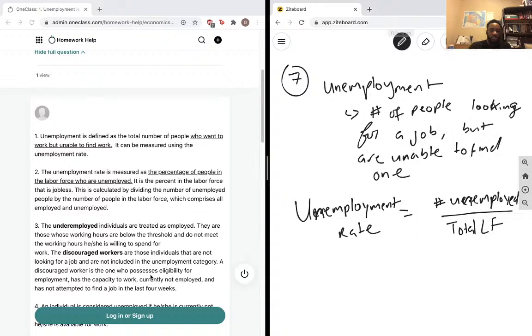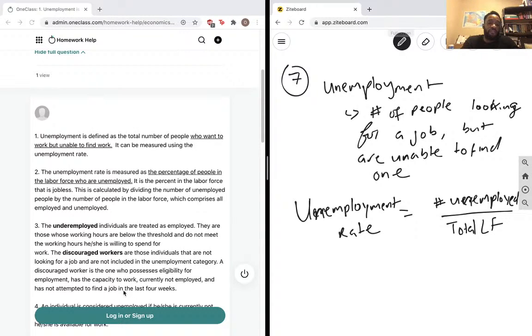The discouraged worker is one who possesses eligibility for employment and has the capacity to work, but is currently not employed and has not attempted to find a job in the last 4 weeks. So basically, they are able to work, but they haven't been searching for work. And for several reasons. It might be because they were unable to find work for so long and they just stopped looking.